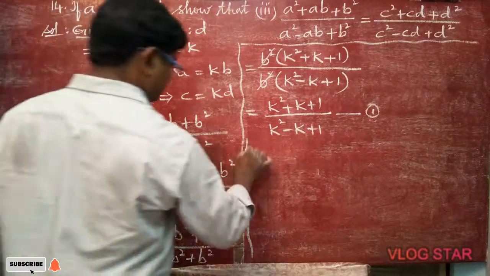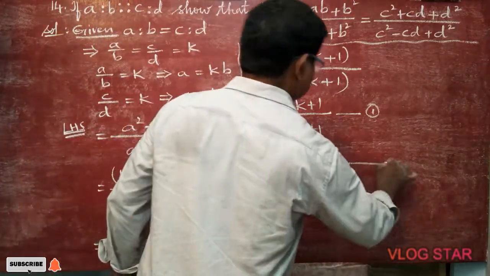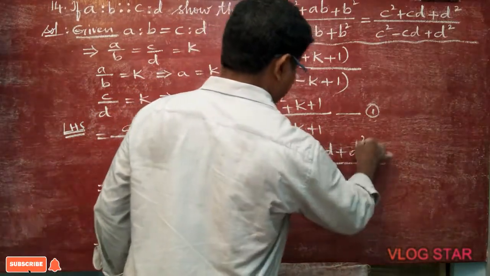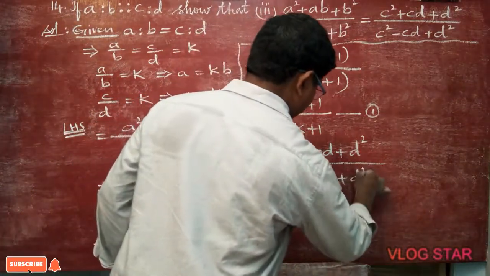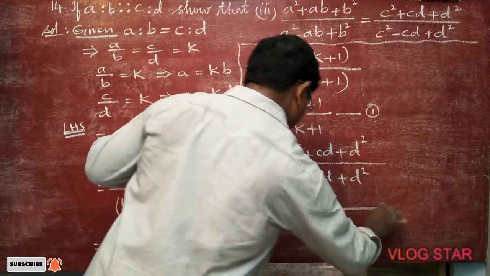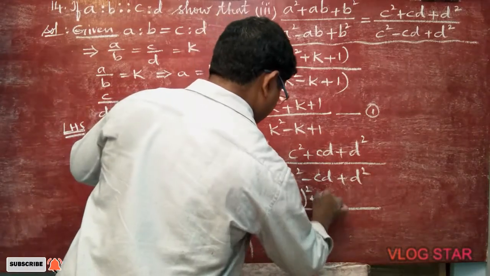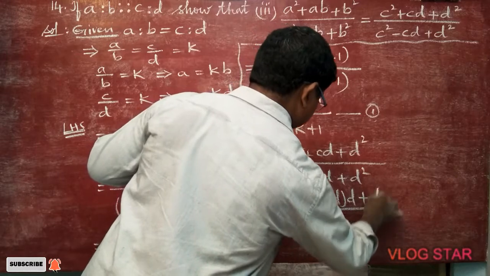Coming to RHS now. What is RHS? C square plus CD plus D square by C square minus CD plus D square. C means what? KD. So write that in the place of C: KD whole square plus KD into D plus D square.